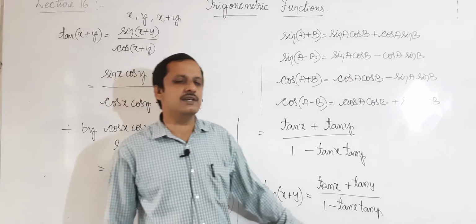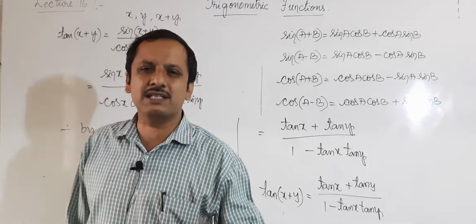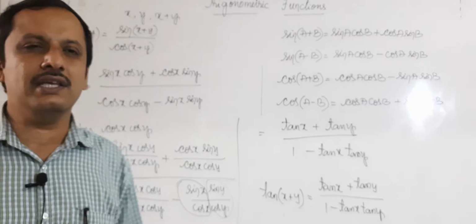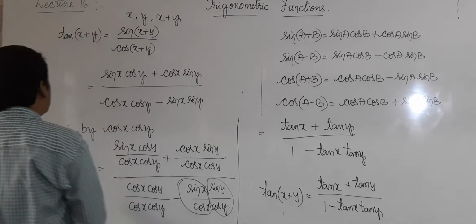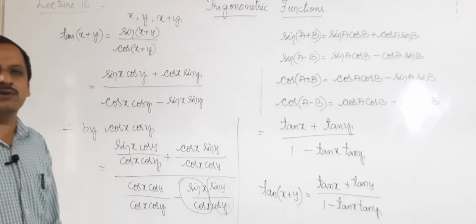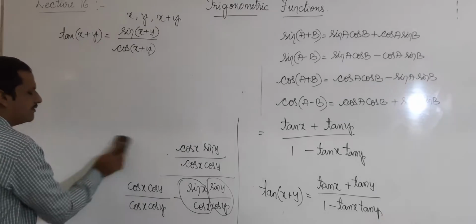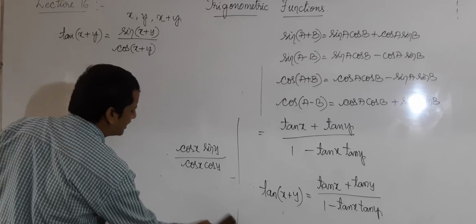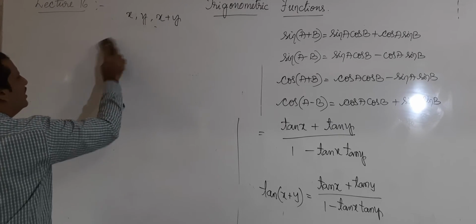Therefore, this formula is applicable only if x, y and x plus y are not odd multiples of pi by 2. Odd multiples of pi by 2 means pi by 2, 3 pi by 2, 5 pi by 2, 7 pi by 2, minus pi by 2, minus 3 pi by 2, etc. If x, y and x plus y are not equal to any one of those angles, then this formula can be used.